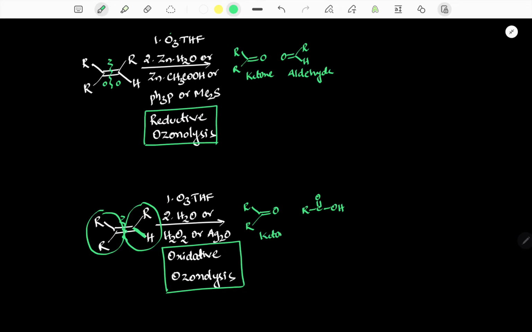Therefore, the left one is ketone and the right one is carboxylic acid. In the reductive ozonolysis, we get the mixture of ketone and aldehyde. In the oxidative ozonolysis, we get the mixture of ketone and acid.